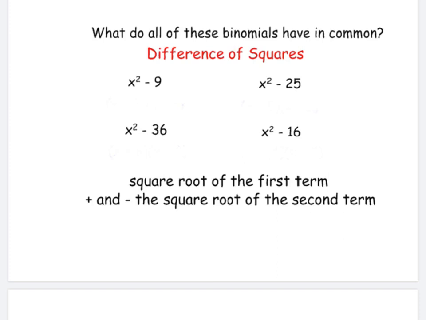So I want to square root the x squared, and I want to square root the constant term. So remember, with the difference of squares, the two binomials were exactly the same, except one was plus and one was minus. So I'm going to have x plus something times x minus that same something every single time.